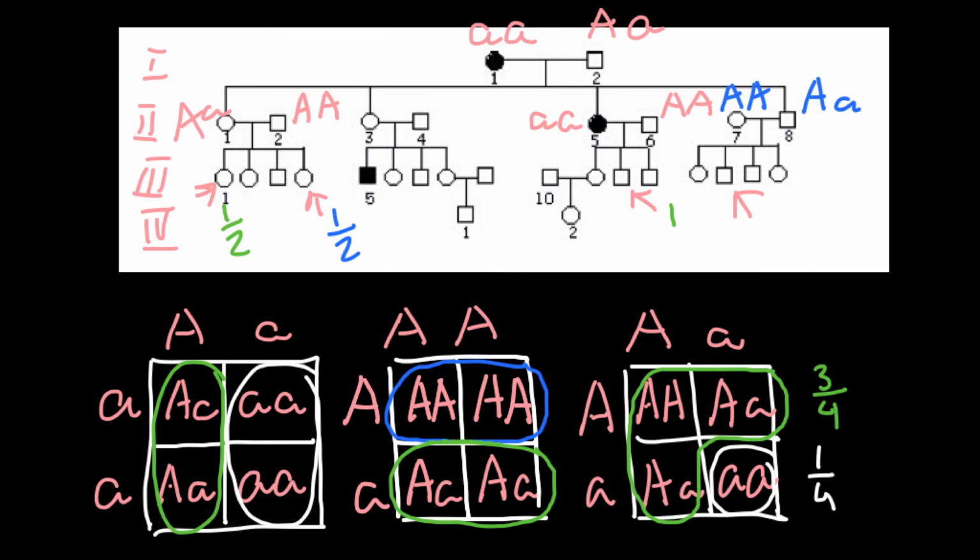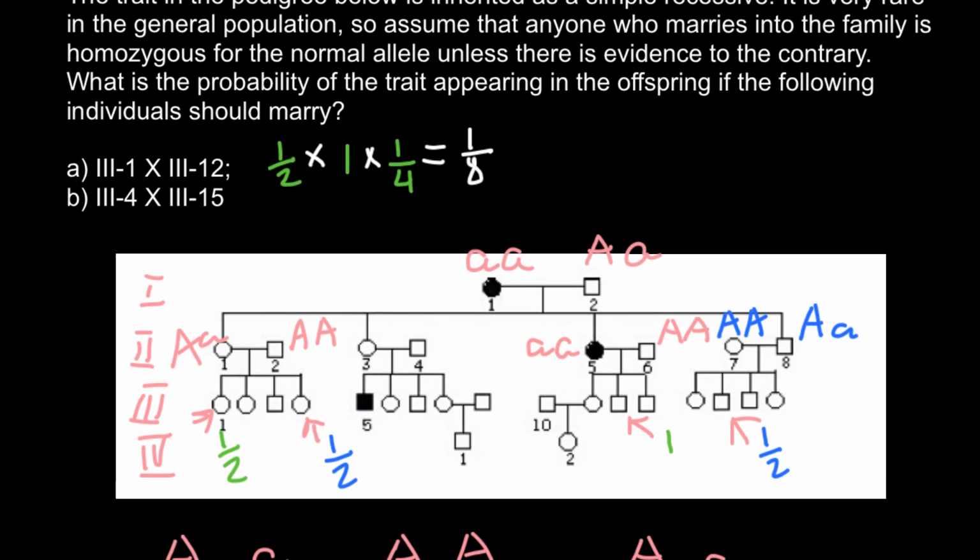So probability for this child to be a carrier would be 1/2. And of course, once again, when we have two heterozygous parents, probability for them to have an affected child would be 1/4. So let's now return to our problem.